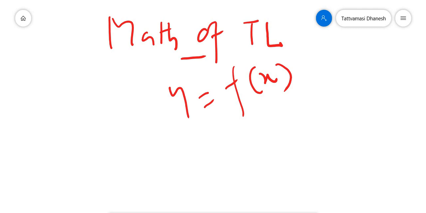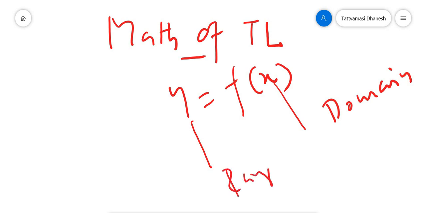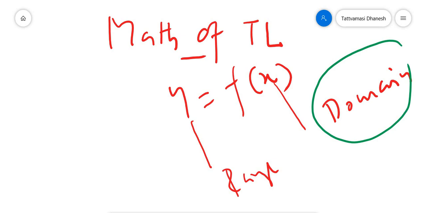The collection of all these independent variables we call the domain. All the values of y, the dependent variable, we call the range. We are going to use this term here, so please understand what a domain is.